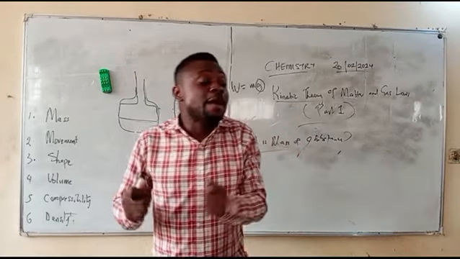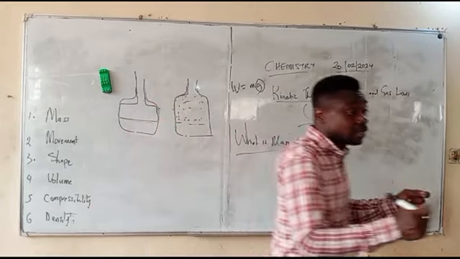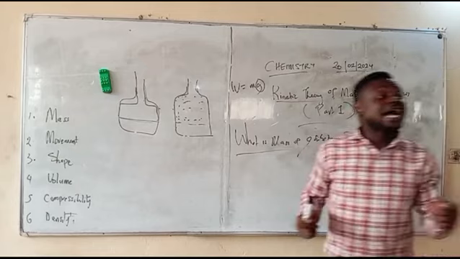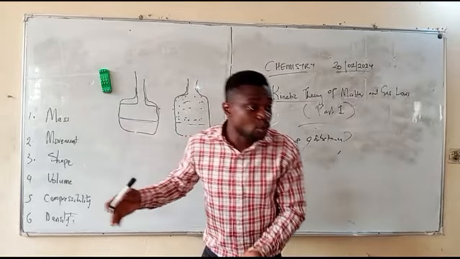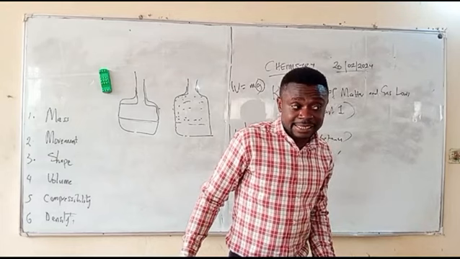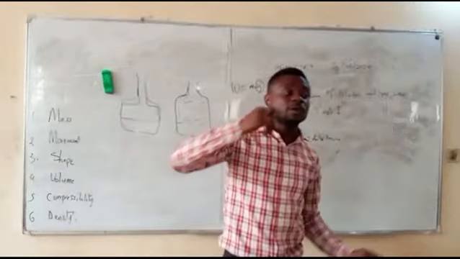You can find out if a solid is pure. If you have an element, you can be sure it's pure. So when a substance melts at a particular temperature, no doubt.